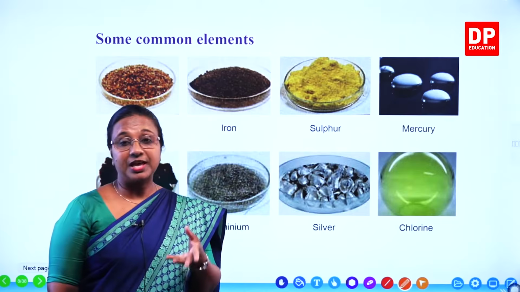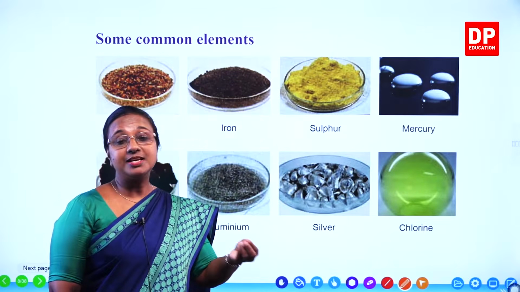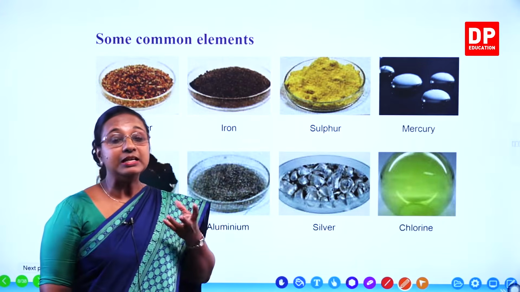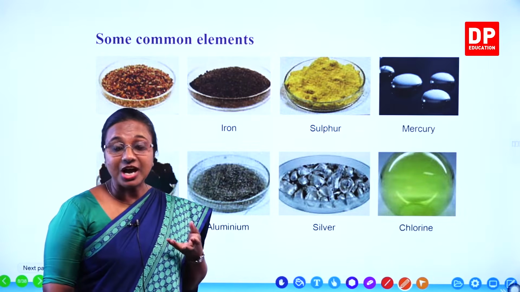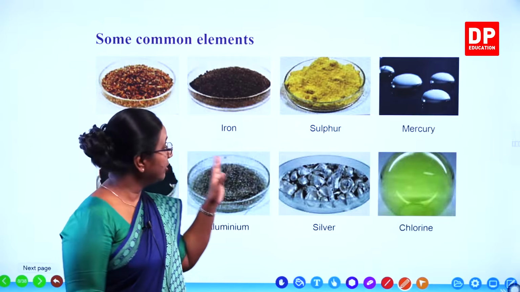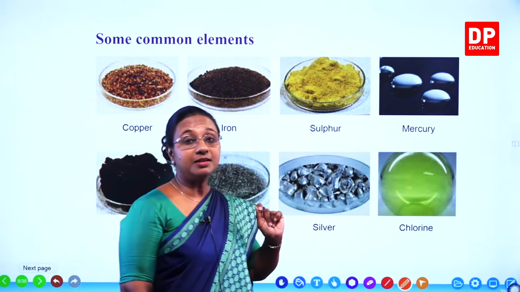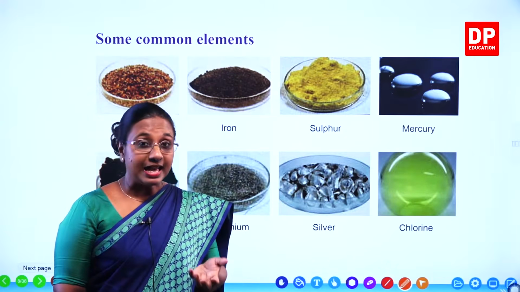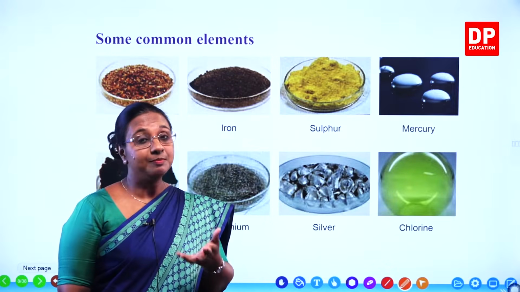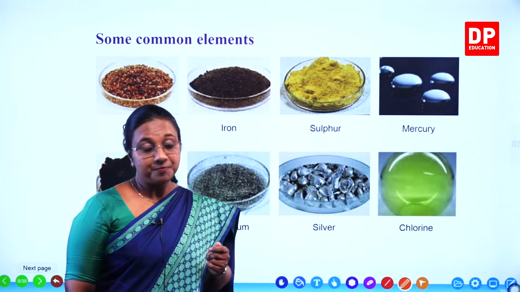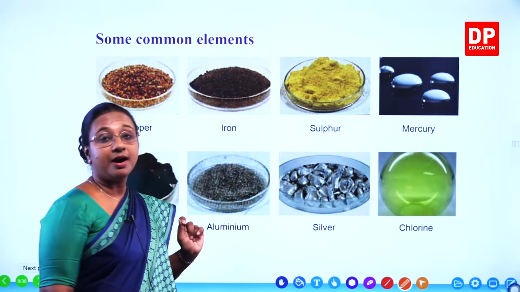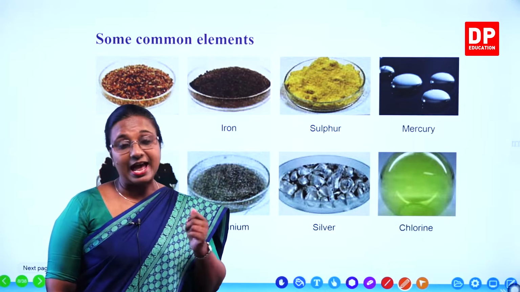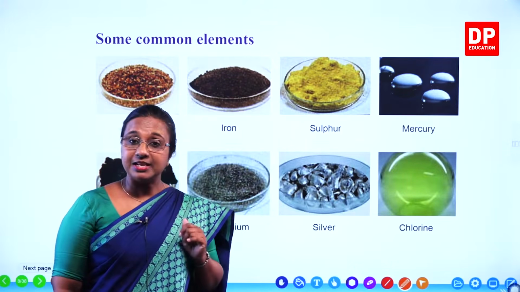Then sulfur. As I told you, in matchsticks and all those, they use sulfur. It is a yellow color, again a crystalline, shiny solid. So that is sulfur. Then mercury, you have seen that in thermometers, you saw it in the lab. That is a liquid, but it is a metal. Then you saw carbon. Carbon, you all know, it's a black color solid powder, and even the lead of pencil, that is also carbon.